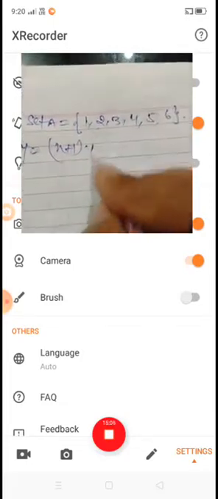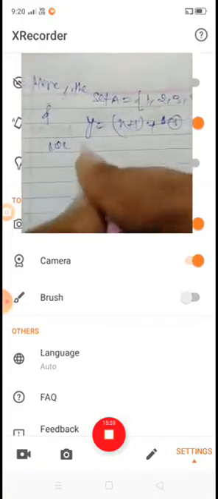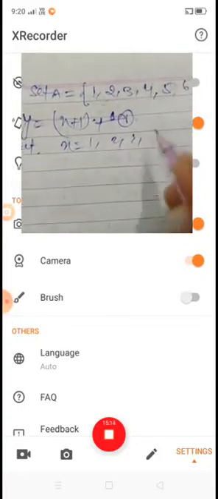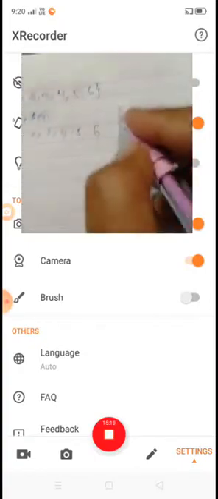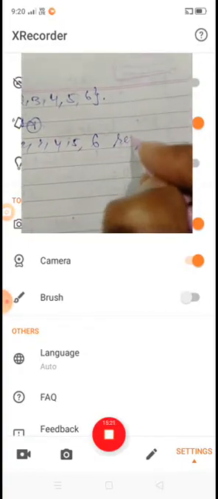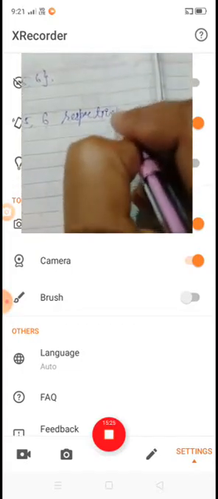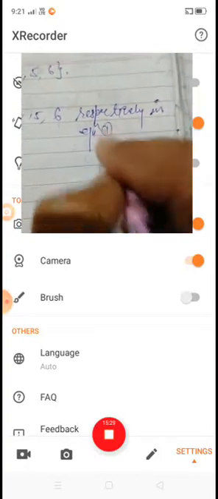Okay, so take equation number 1. We put x equal to 1, 2, 3, 4, 5, 6 respectively in equation first.